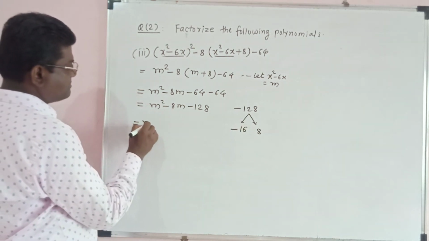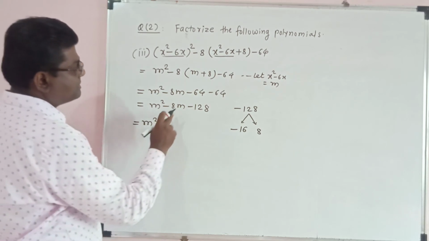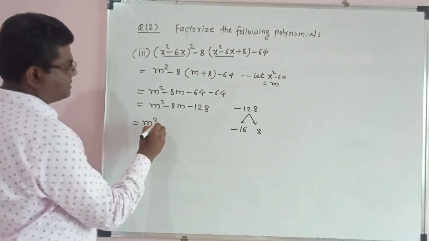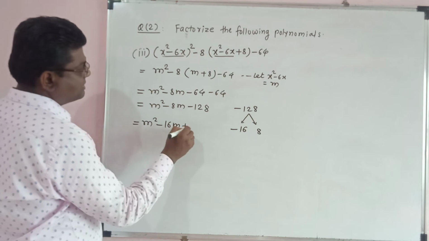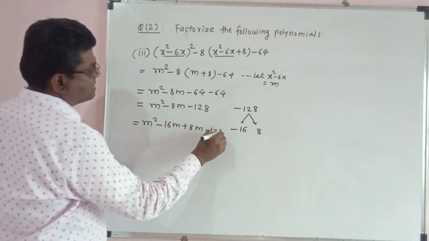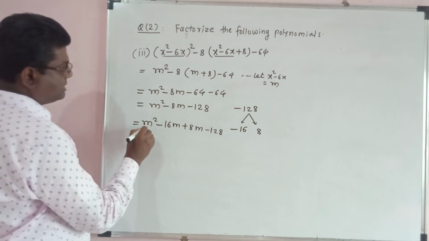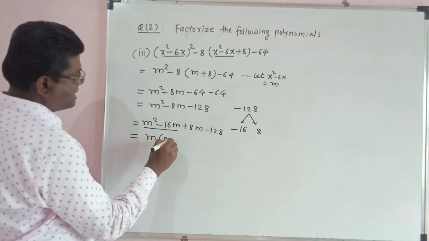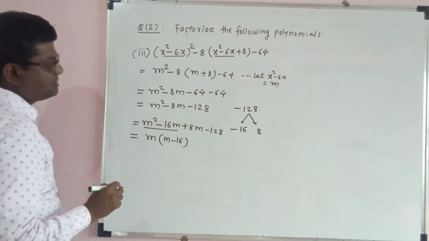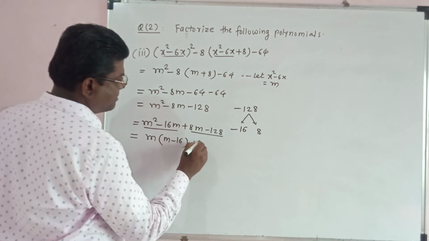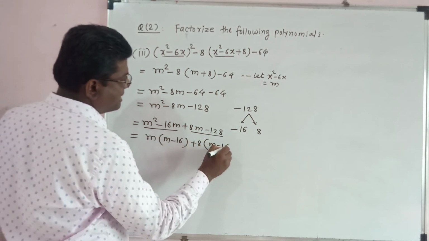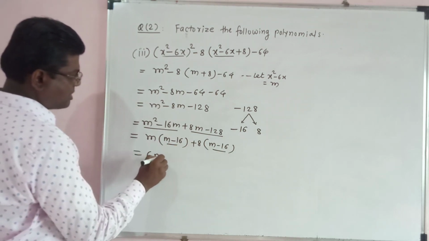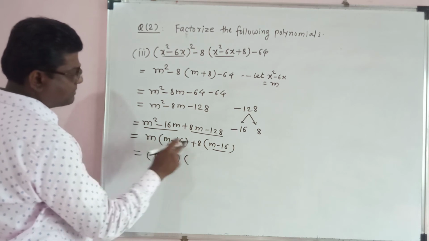So is equal to m square, now split up this minus 8m as minus 16m plus 8m, minus 128. In these two terms we take m common, so m in bracket m minus 16. And in these two terms we take plus 8 common, so in bracket it will also be m minus 16, is equal to, take m minus 16 as a common bracket and in another bracket m plus 8.